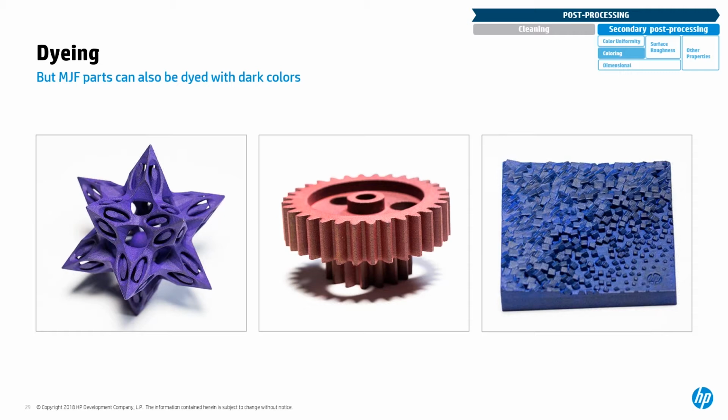But if the customer is using the 540 series, as the parts are white, the parts can be dyed in all different colors. So this could be an interesting option to consider for outdoor applications, where, for example, the UV resistance is required. So there are dyes available in the market that can resist the UV light without fading.